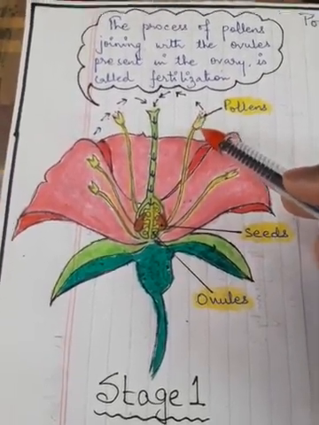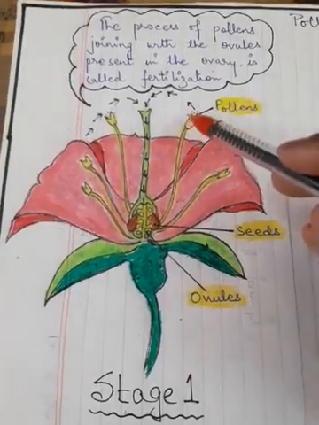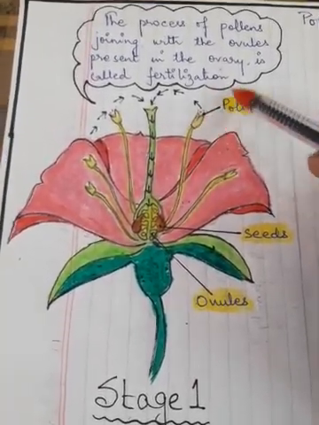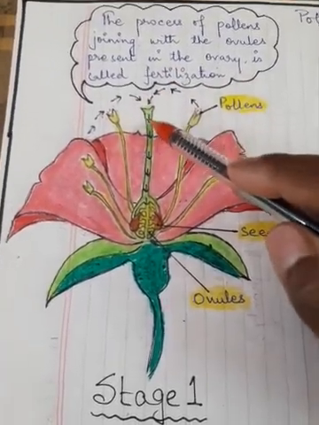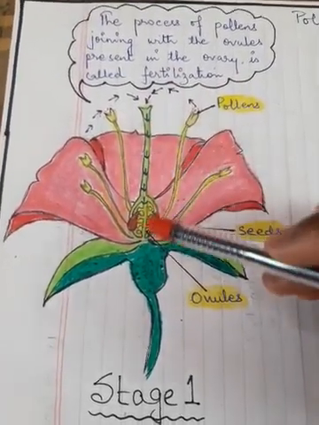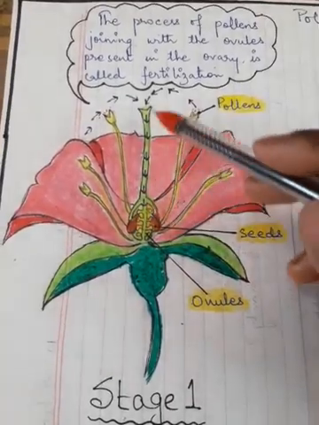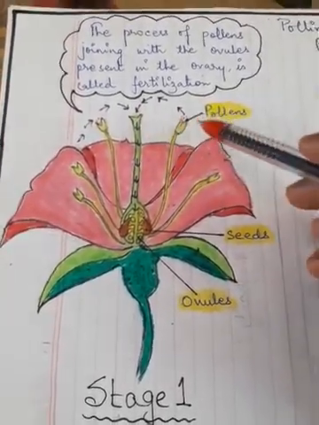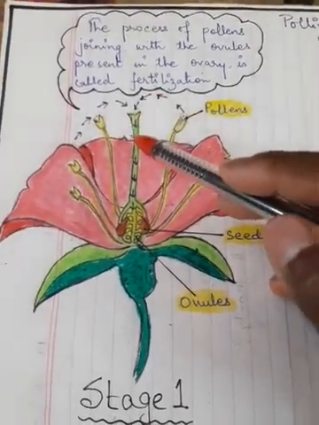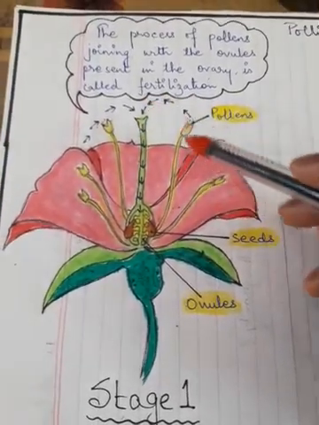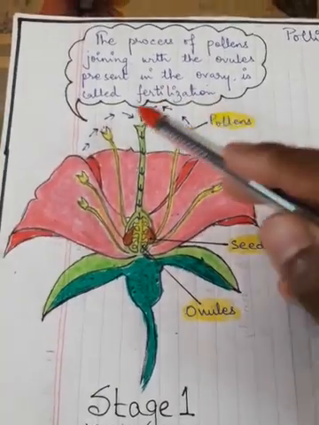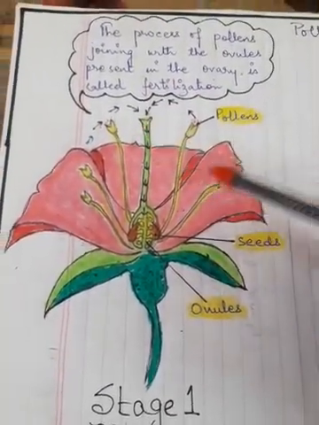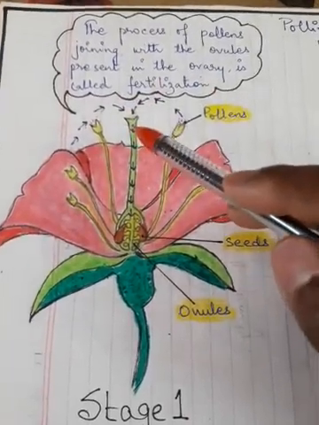The pollen grains are transferred to the tip of the stigma. This is the stigma, the female reproductive part. On top of it, the pollen grains are transferred. So this process of transferring pollen grains from anther to the stigma is called pollination.